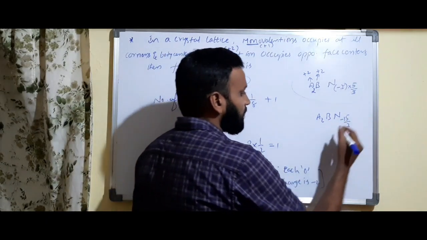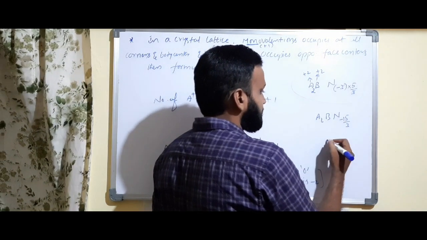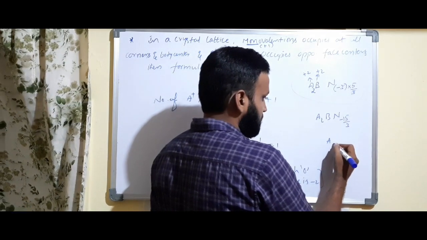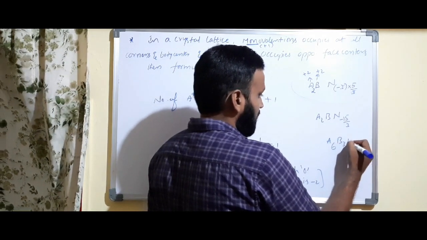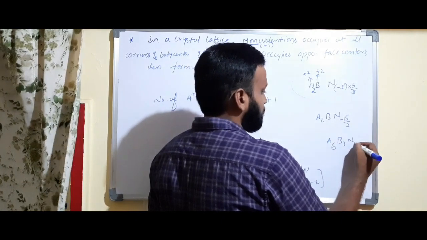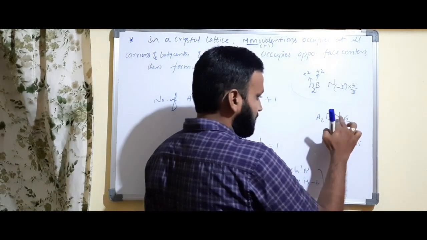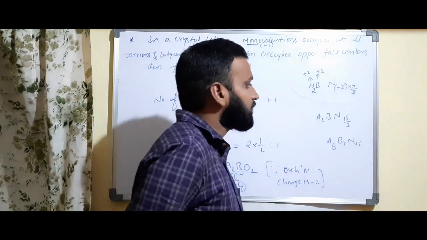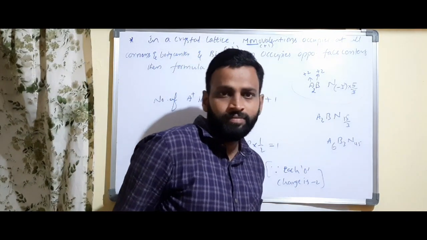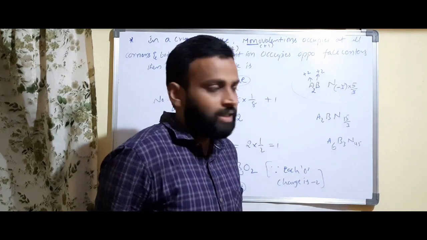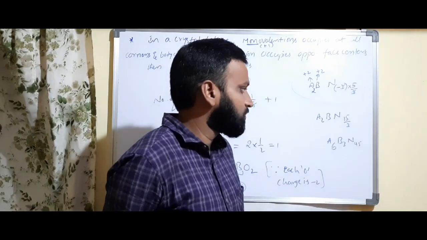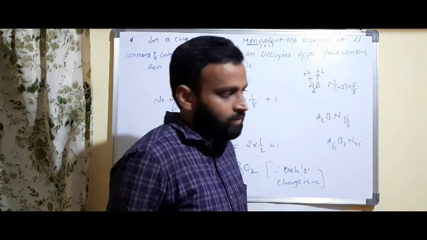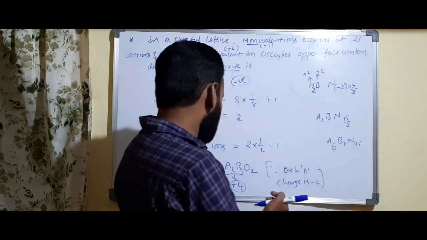Now if you multiply this, A multiplied by 3 gives A6B3 and N three times. 15 by 3 means -1. Getting it? Because each nitrogen charge is -3, and so total I want -5.